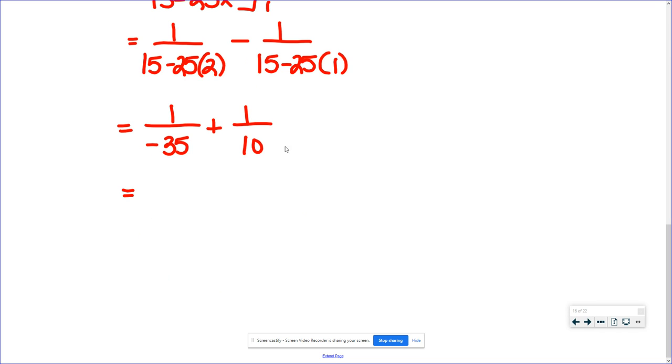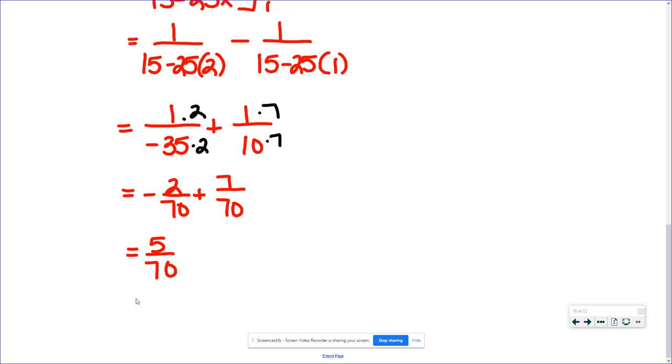We're going to need a common denominator, so I think I can multiply by 2 to make that 70 and multiply by 7 to make that 70. So that's going to be negative 2 over 70 plus 7 over 70, which gives us a final area measurement of 5 over 70. And actually that reduces to 1/14. So 1/14 is your answer.